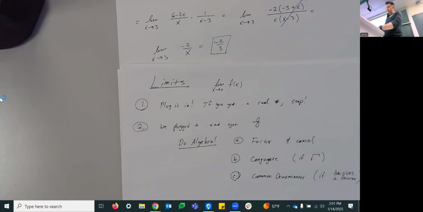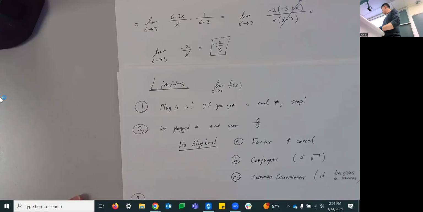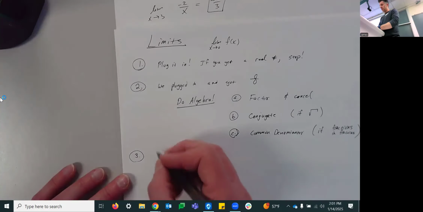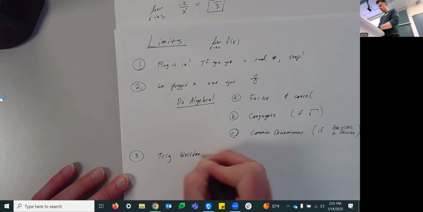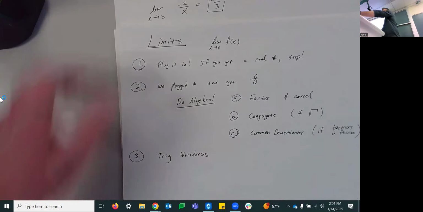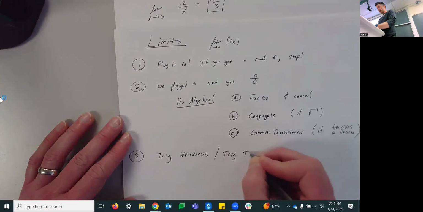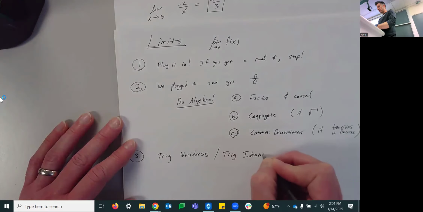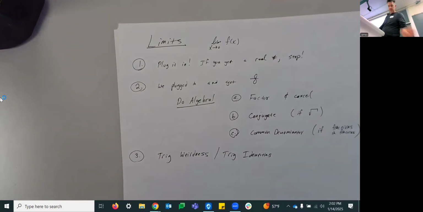For example, I'll point out the third thing here. Sometimes there's some trig weirdness, or trigonometric identities might be a better way to describe how to deal with the next limit I'm going to mention.